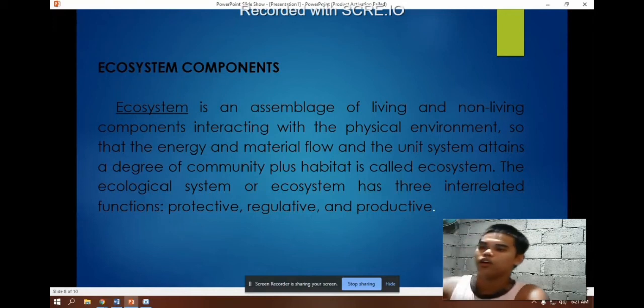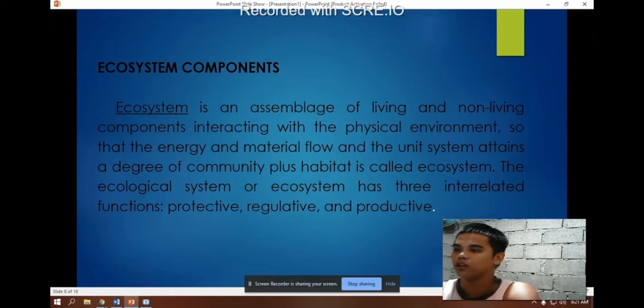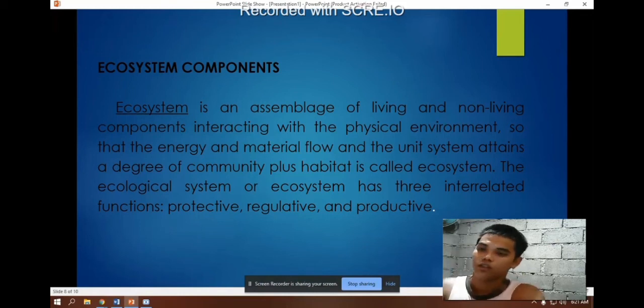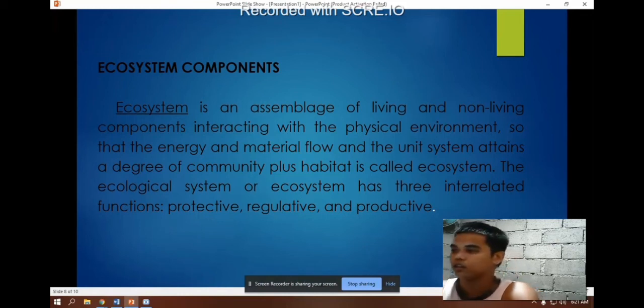Ecosystem components. An ecosystem is an assemblage of living and non-living components interacting with the physical environment, so that the energy and material flow and the unit system attains a degree of community plus habitat, called ecosystem.